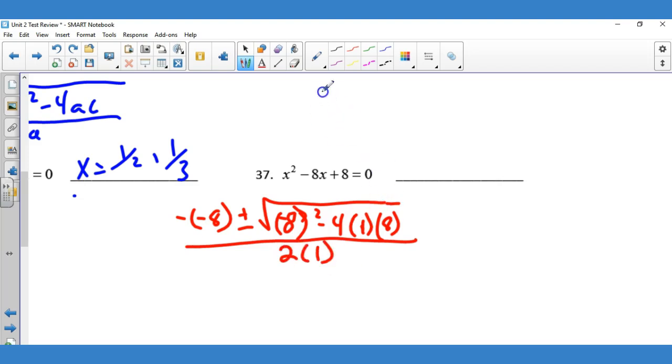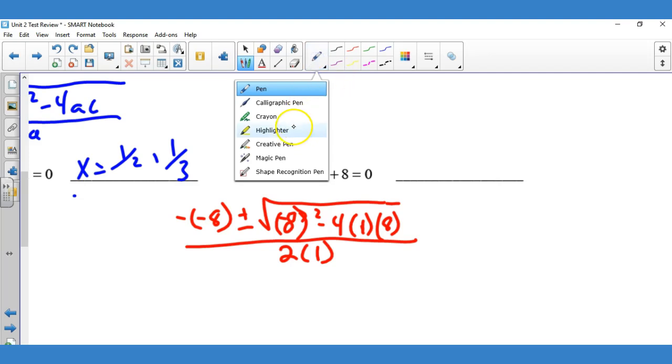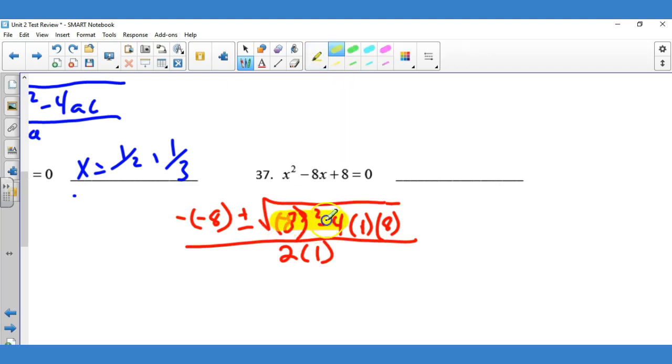So again, do this part first. Do that first. And when we do that, we're going to get right here 8 plus or minus the square root of 32 all over 2.